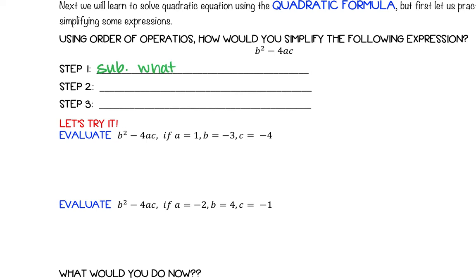what a, b, and c equal into the expression. Step 2 is to take b squared and then multiply 4ac together.